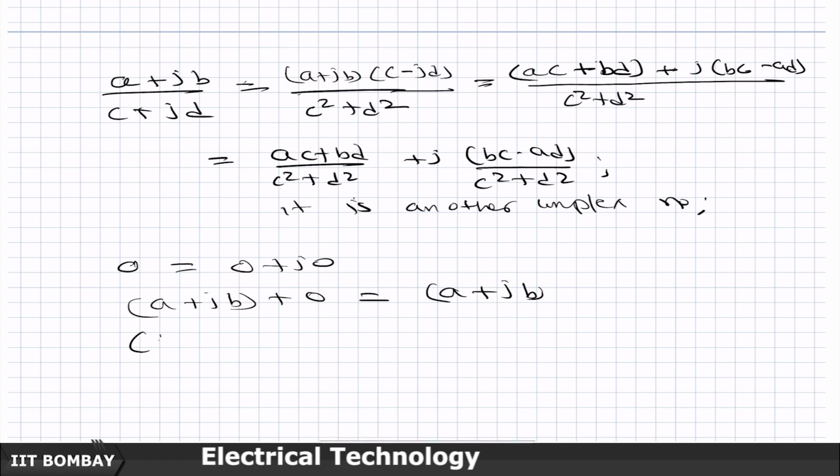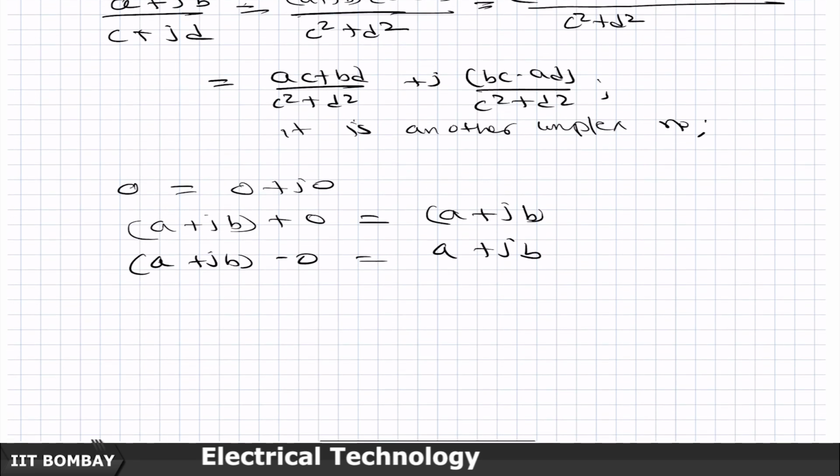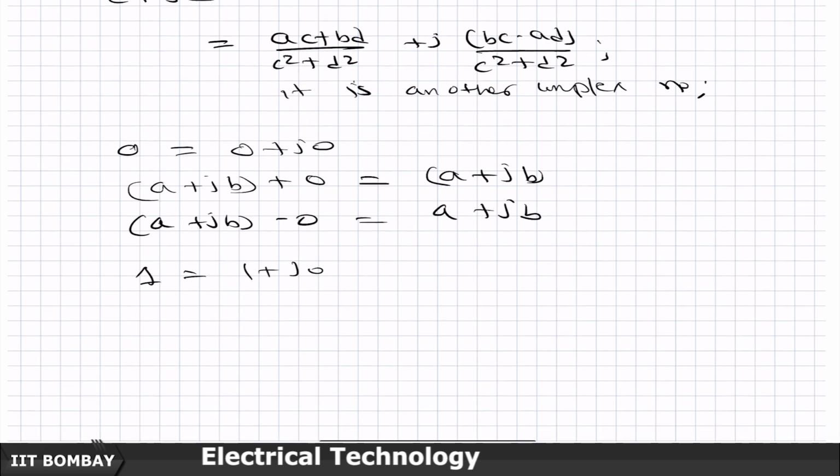Same way, when I subtract 0 from a complex number, it is again the same complex number, and a real number 1 can be written as 1 plus j 0, and when I multiply this by 1 plus j 0, then I am going to basically get again the same complex number.